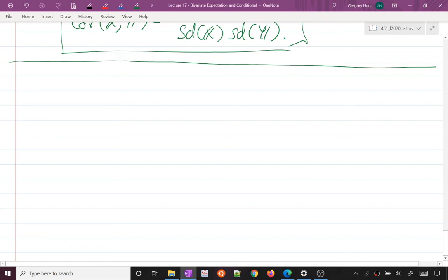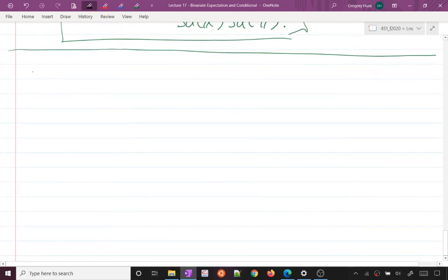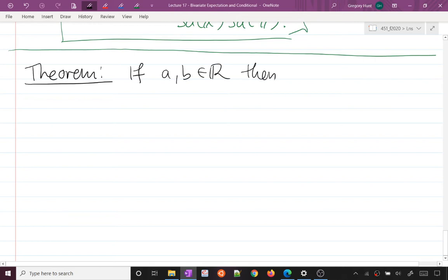So let's talk about some properties of covariance and correlation. So here's a theorem. If a and b are numbers, then we can talk about the variance of ax plus by.